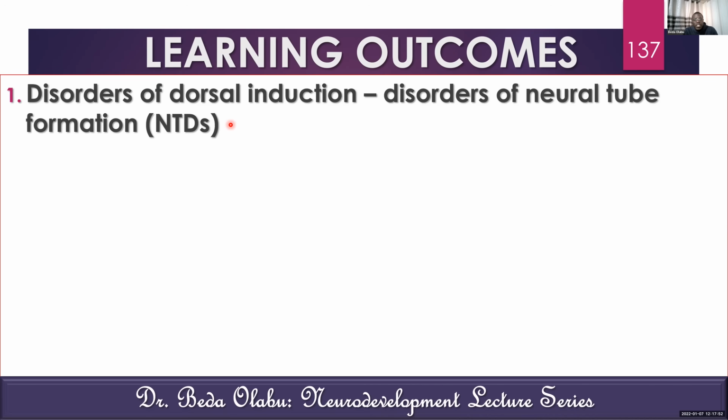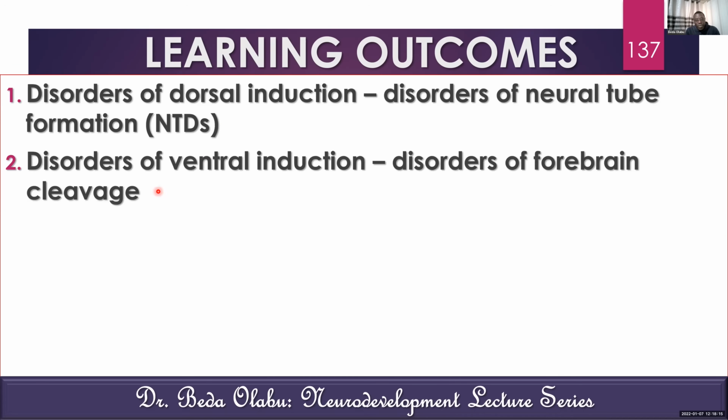Considering that this lecture is focusing on malformations of the brain, I'll only focus on cranial neural tube defects. I will not focus on spinal dysraphic disorders. Those ones we've already covered adequately in our second lecture, where we looked at developing the spinal cord and spinal dysraphic disorders.